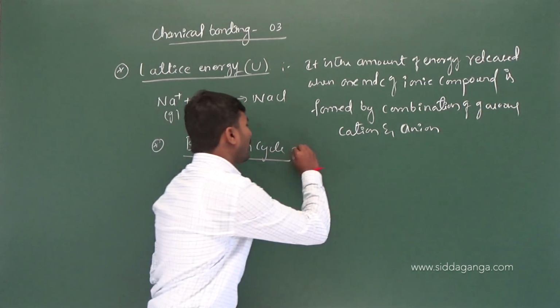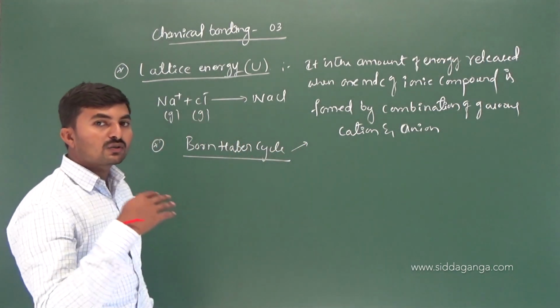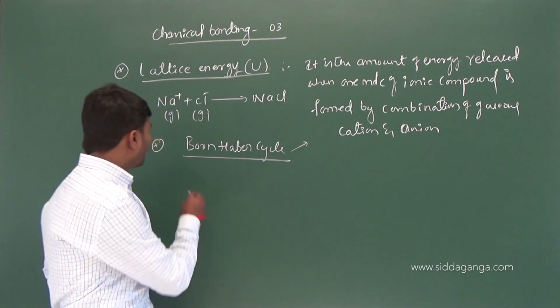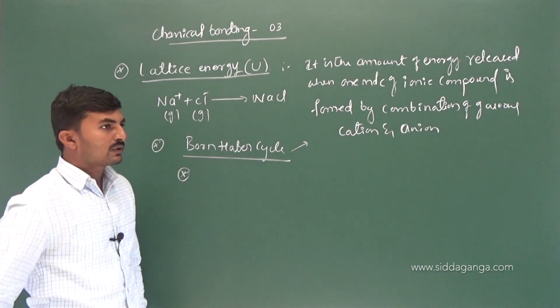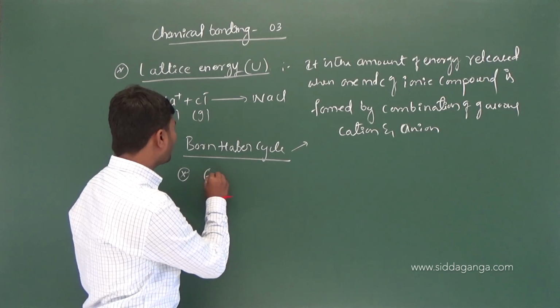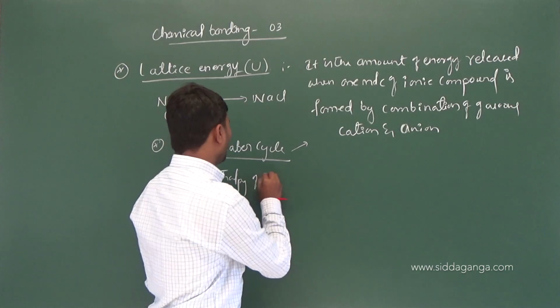In order to study this Born-Haber cycle, we need to know about some different energy terms. In order to learn this concept, we need to go through one important concept, that is enthalpy of formation.